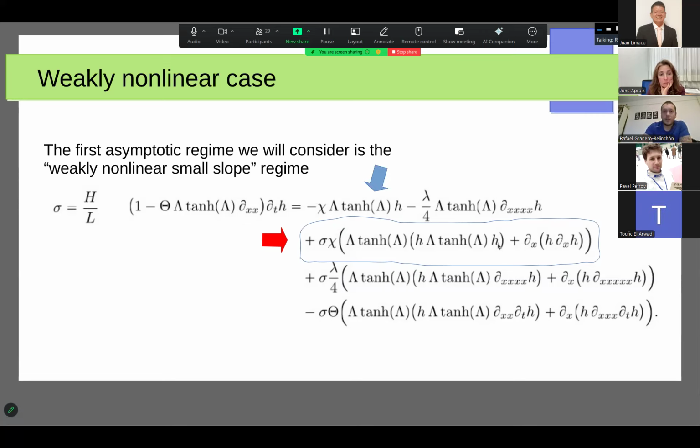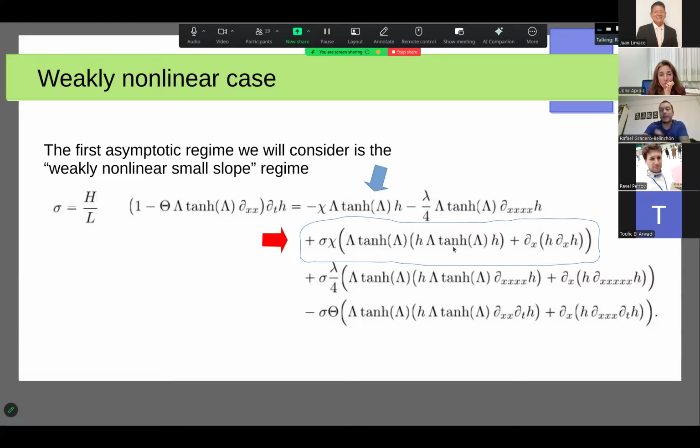So far what we have is a third order nonlinear and non-local elliptic operator hitting h_t, and on the right hand side, the main contribution is a fifth order, again nonlinear and non-local, differential operator hitting h.